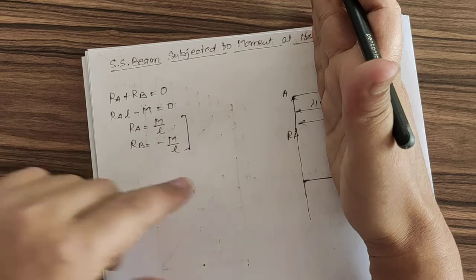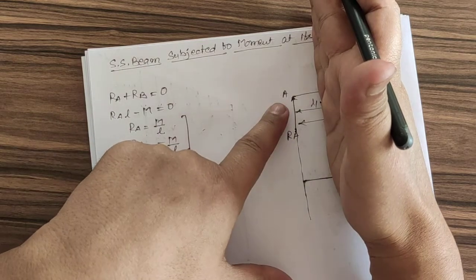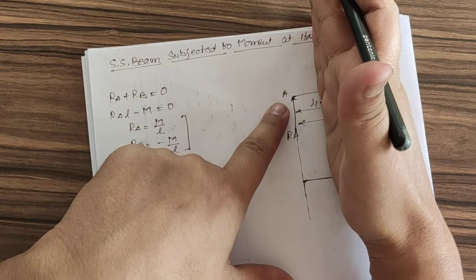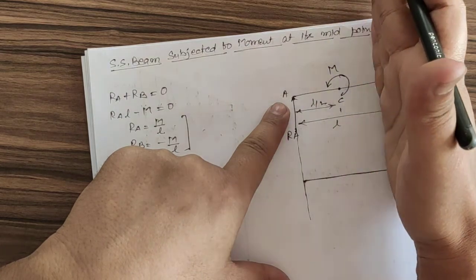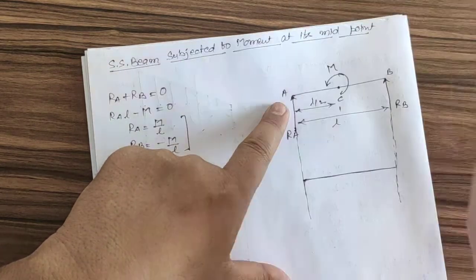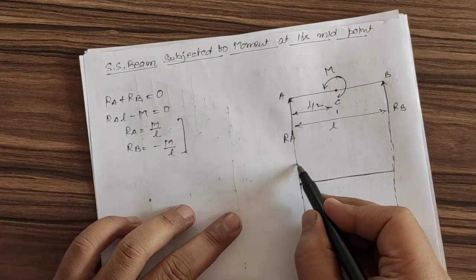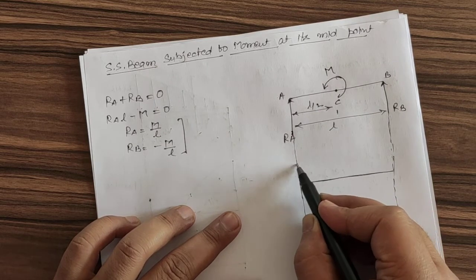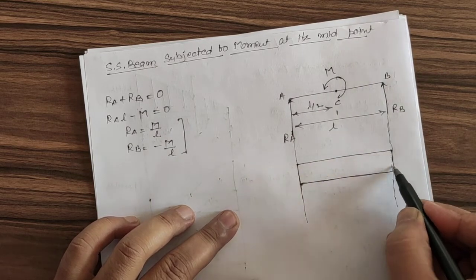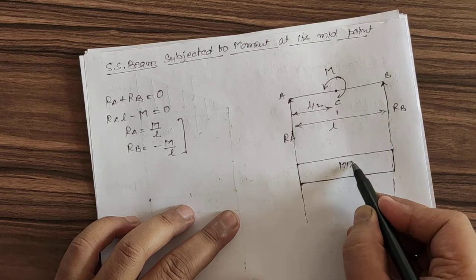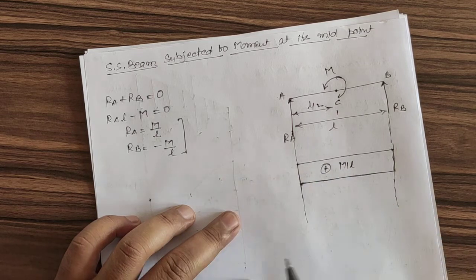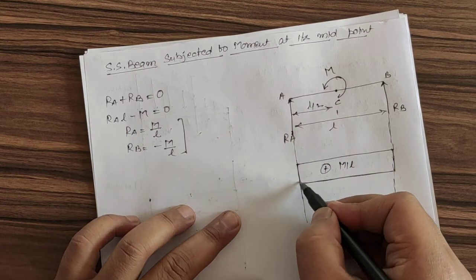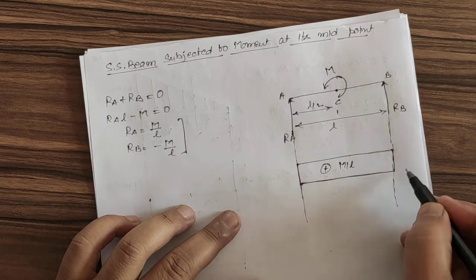At distance x we have R A value, R A in the upward direction we will take positive. Here again, moving up to point B, we have a single value of shear force, which is equal to M by L, and this is positive in nature, again constant.